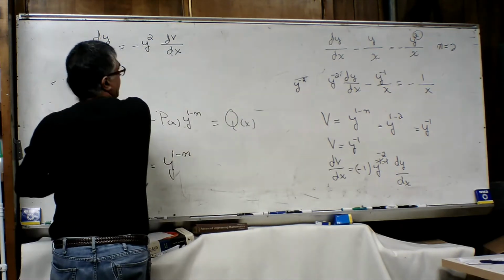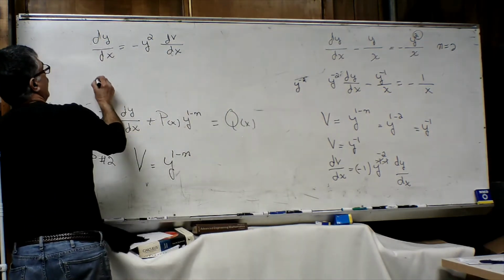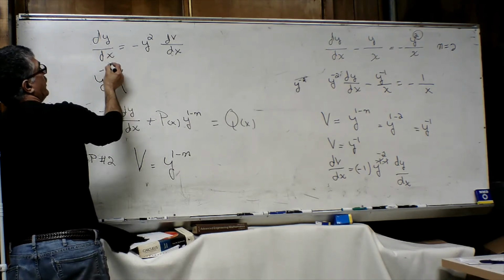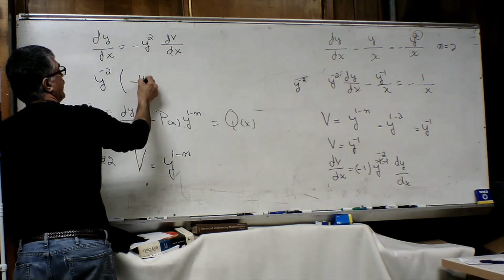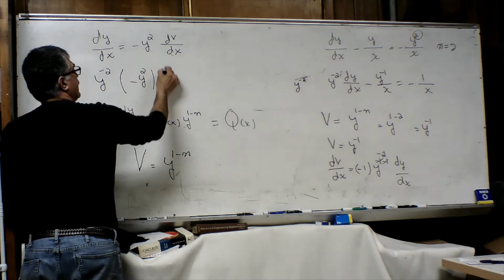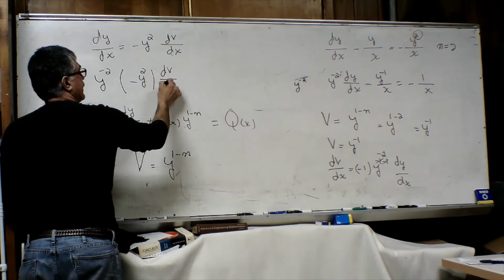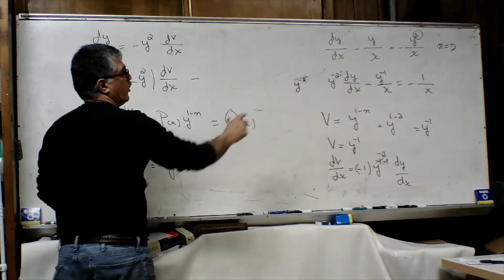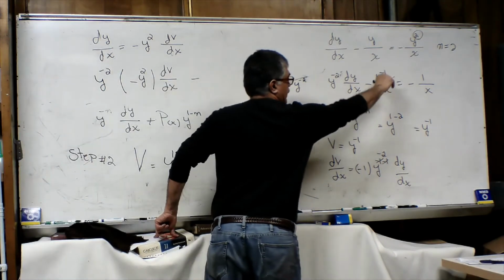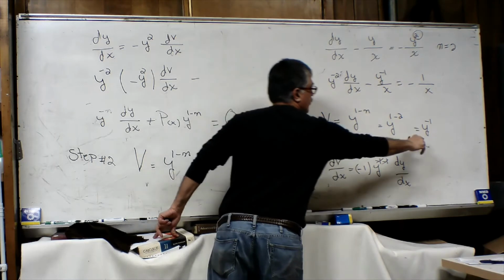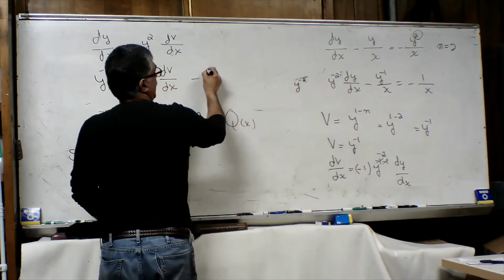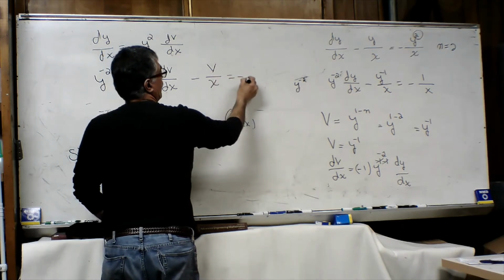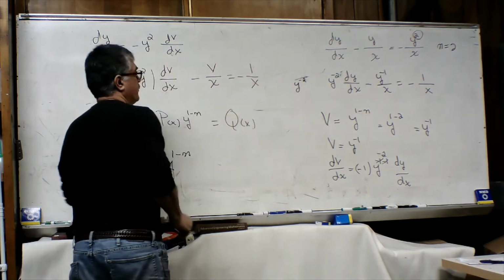We are going to have y to power minus 2 multiplied by dy over dx, which is minus y squared times dv over dx, minus y to power minus 1, which is our v, minus v divided by x is equal to minus 1 over x.